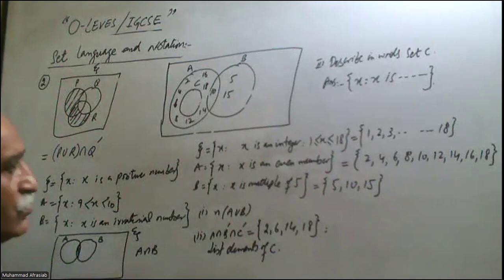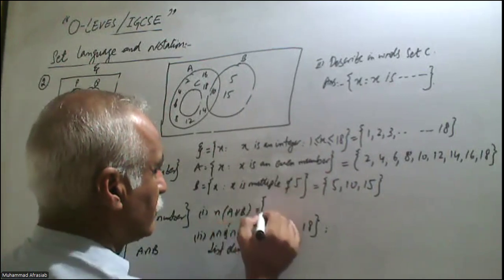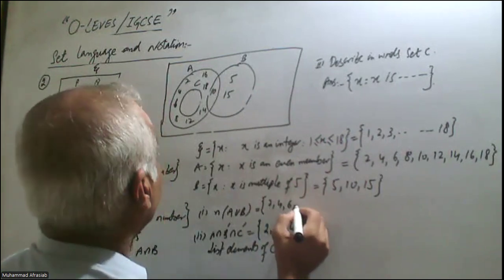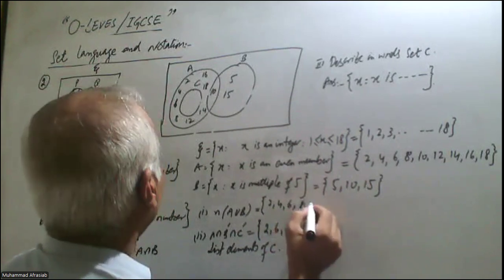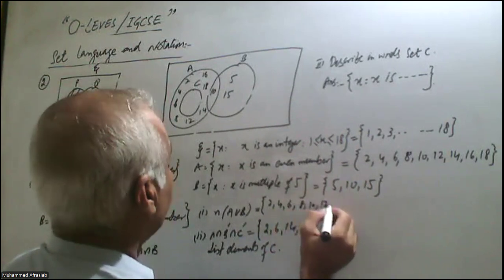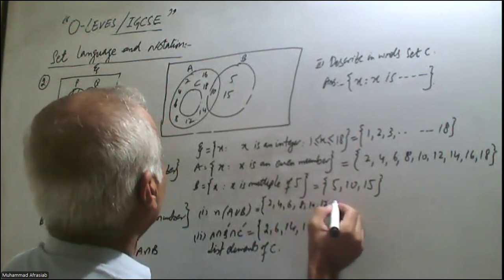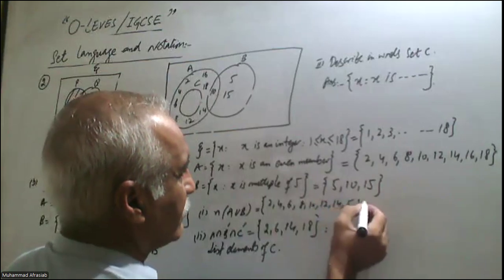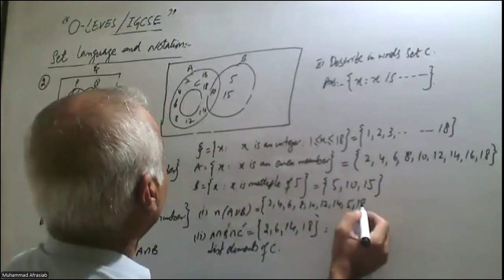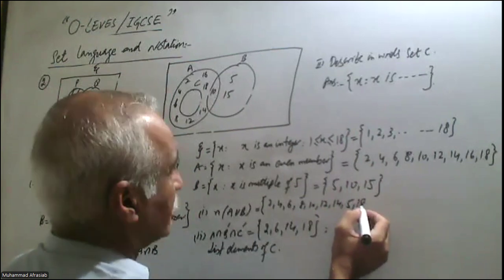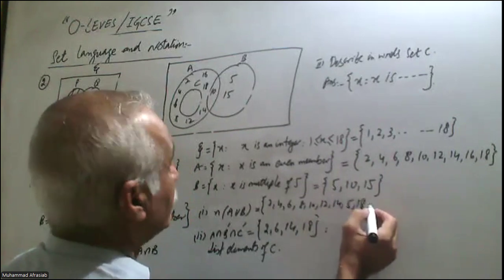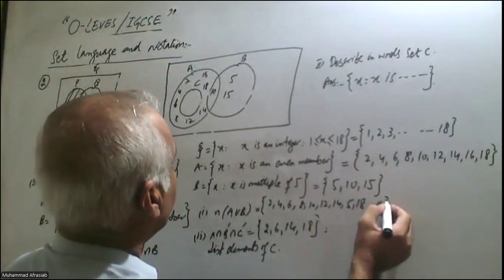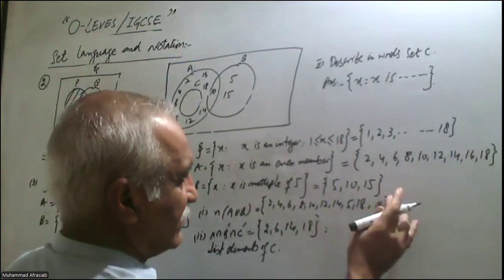So A union B is equal to 2, 4, 6, 8, 10, 12, 14, 5, 18, 16, and 15.